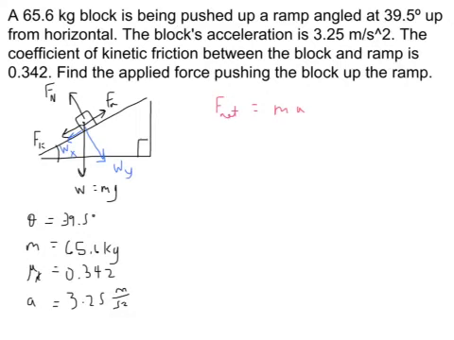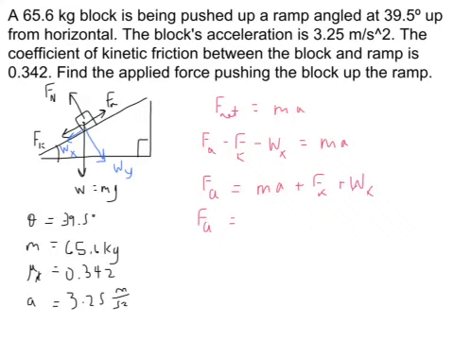Fn cancels with Wy because the block is not accelerating off the ramp or into the ramp. No acceleration in this direction. So F net is simply going to be Fa is pulling up, Fk pulls down, and Wx pulls down. So Fa is ma plus the kinetic friction plus the x component of weight.